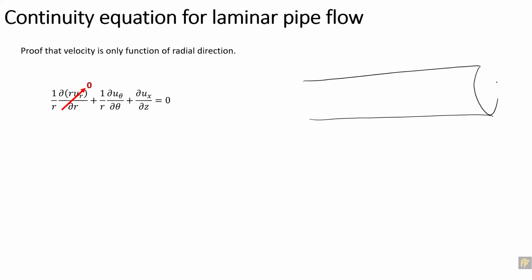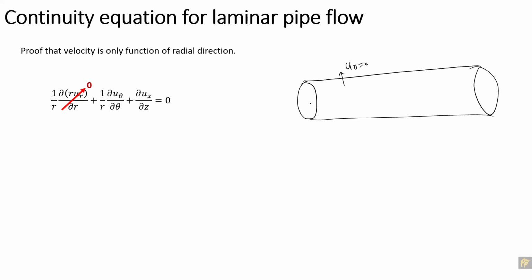This is very obvious here that in the case of pipe flow, you will see a few things. Number one is that velocity cannot go in the normal direction, like in the radial coordinates. So the radial velocity is 0.